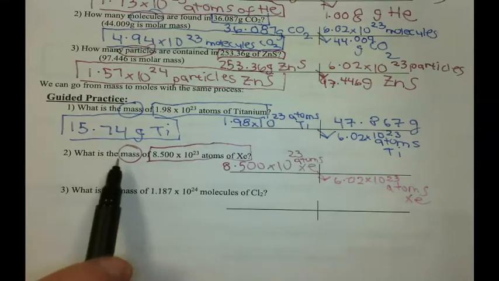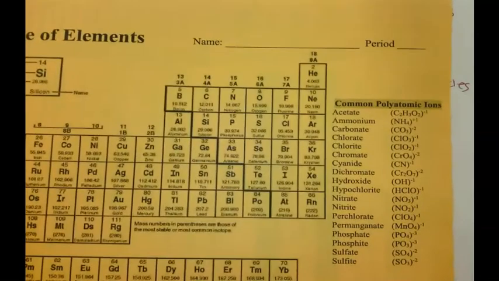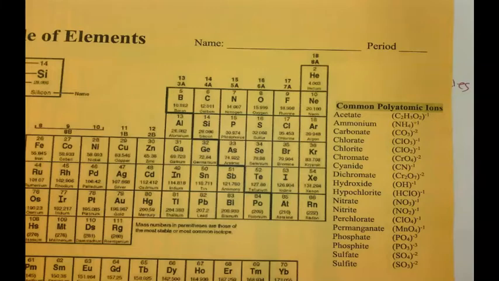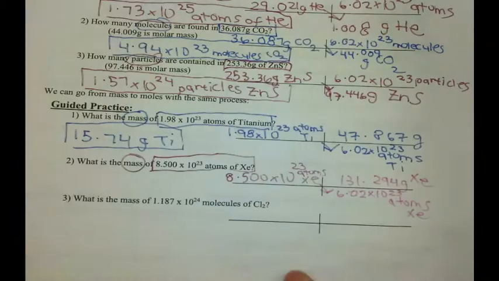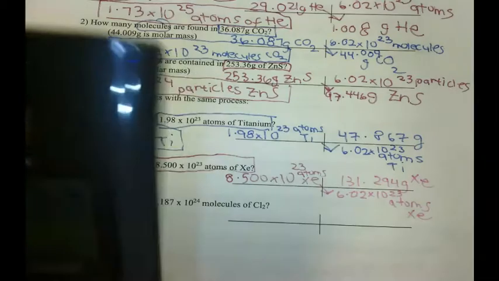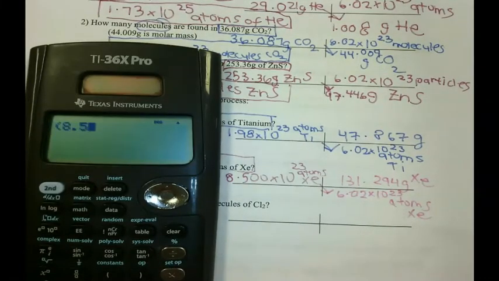That's the mass. So I use my periodic table. I look for xenon, and then I just copy it. So it says 131.294. And then I'm going to solve just like I did before. You're going to multiply the numbers on top in parentheses. 8.5 to the 23rd times 131.294.